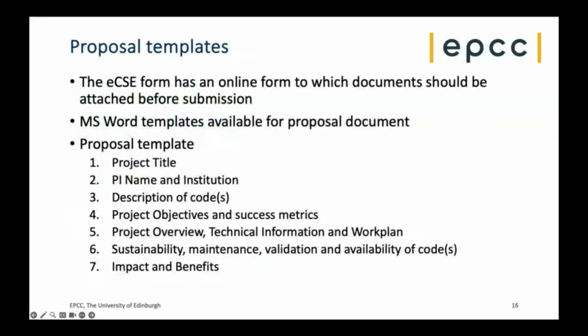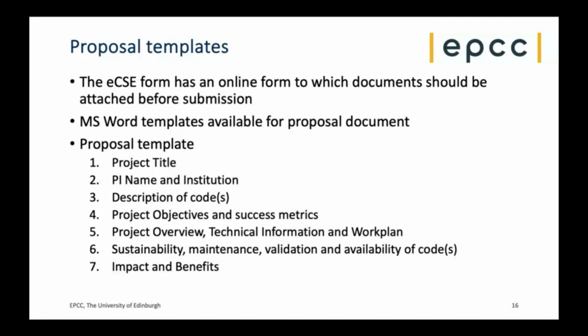So in a minute, I'll take you through the actual online form that you're to fill in. But to start with, I'm just talking here about the proposal template, which is the Word document that you get hold of with various sections to fill in. So it consists of 7 sections.